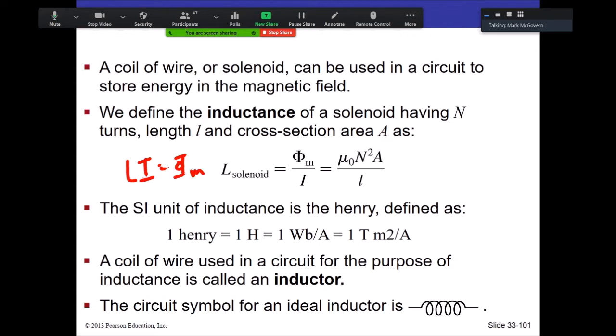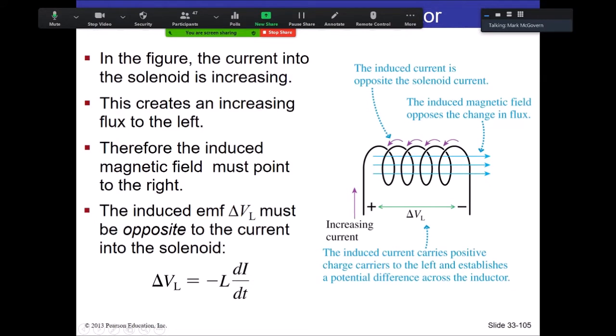That gives us a time derivative with current and a time derivative with the flux. Now we know a time derivative of the flux is, that's Faraday's law, that's the EMF. And so that statement becomes this thing down here, delta V, which is the voltage that's been established across the inductor because the flux is changing, is given by minus L di dt.